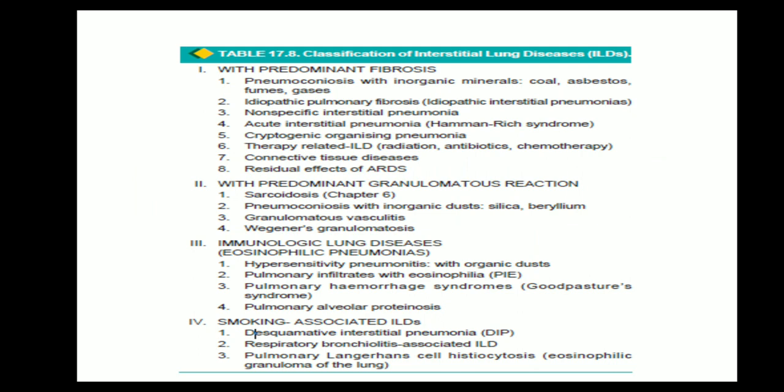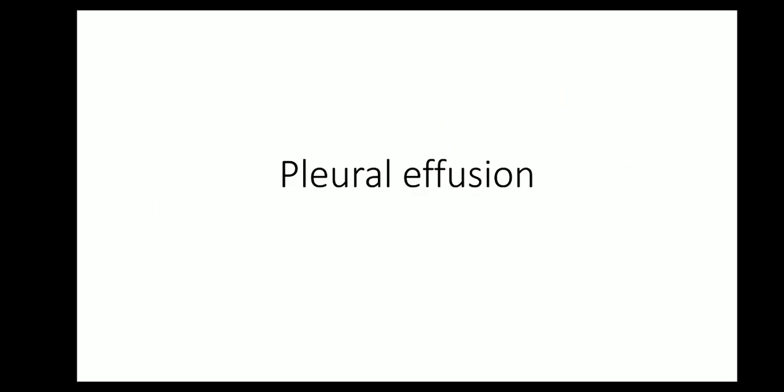With predominant fibrosis, we have pneumoconiosis with inorganic minerals, idiopathic pulmonary fibrosis, etc. With predominant granulomatous reaction, we have sarcoidosis, pneumoconiosis, and granulomatous vasculitis, Wegener's granulomatosis. Immunological lung diseases are hypersensitivity pneumonitis, pulmonary infiltrates with eosinophilia, pulmonary hemorrhagic syndromes, and pulmonary alveolar proteinosis. Smoking associated are desquamative interstitial pneumonia and respiratory bronchiolitis associated diseases.